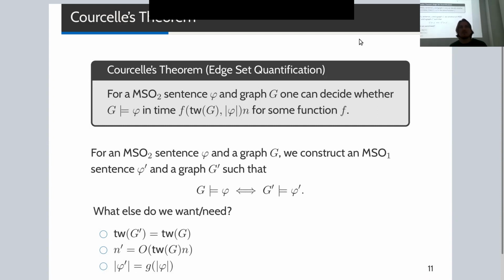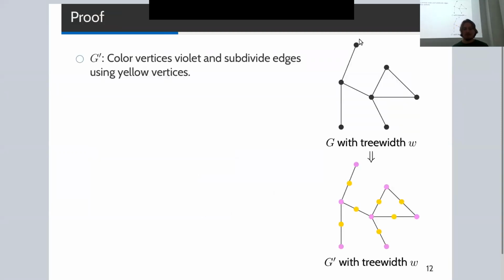When the tree width of the graph, n is the number of vertices in the graph G, right? So tree width of the graph is in the worst case n-1. Yes, so it will not be linear, but it will be a function of the tree width times the number of vertices. So we'll get another additional factor with the tree width, but this is okay. We can hide this additional multiplicative factor in our function f. Yeah, I was a bit imprecise there.